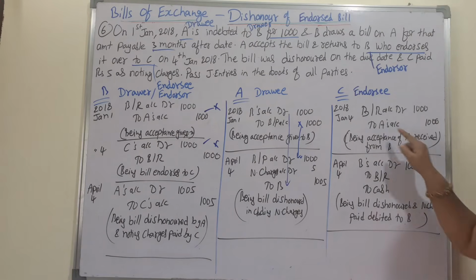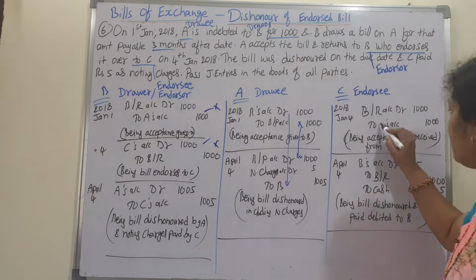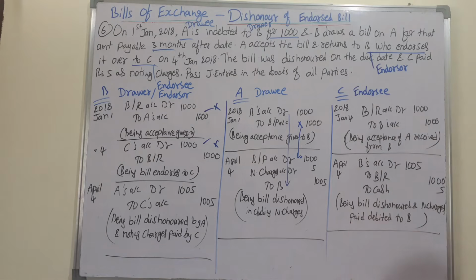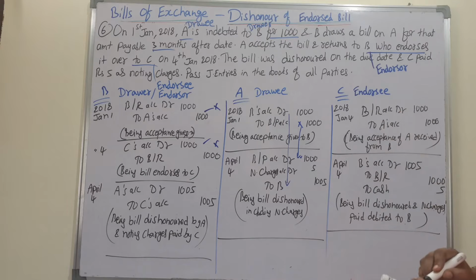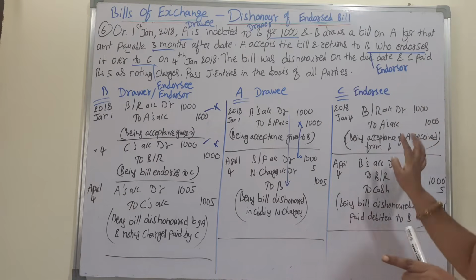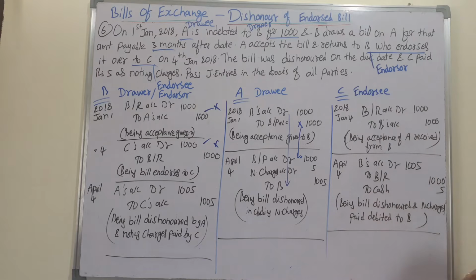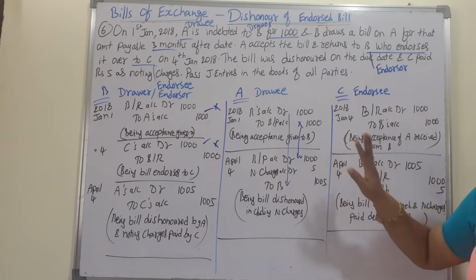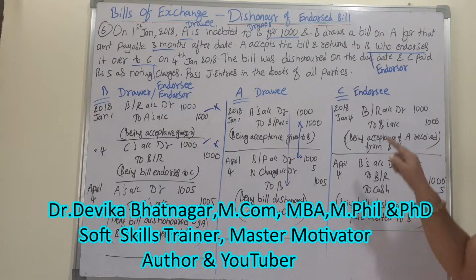Received from B. So bills receivable debtor to B, because from B it is endorsed. Being acceptance of A received from B. Sorry, it's A only, because B endorses it over to C. When B is endorsing to C, what is he getting?